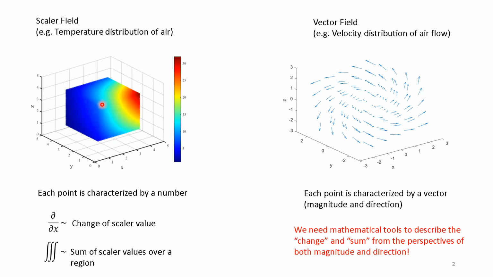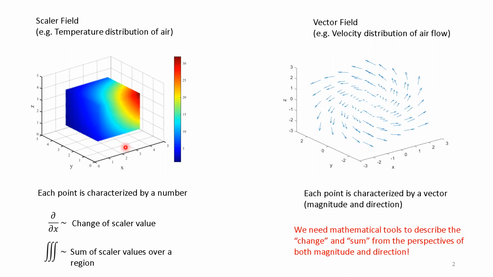And then we have learned the partial derivatives and then the integration. We understand that the meaning of taking a partial derivative is that we go from one point to the neighboring point nearby, and we are looking for how much change we have.